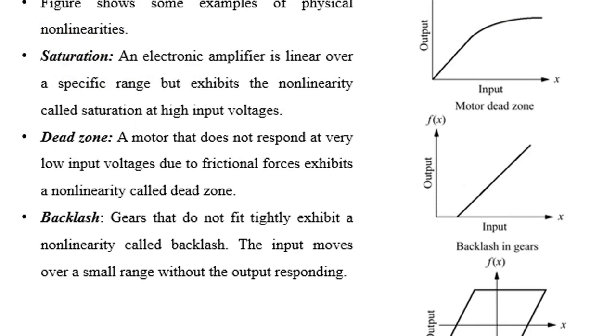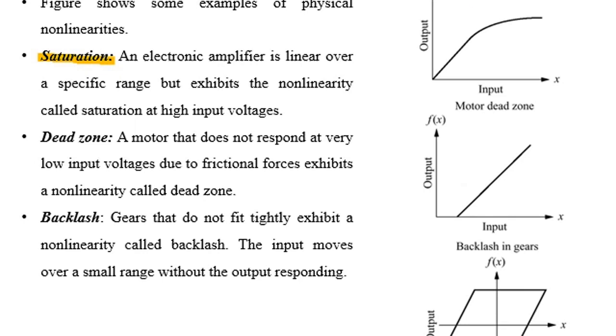Dear students, now we will study some physical nonlinearities. In this we will study saturation, dead zone, and backlash. These physical nonlinearities are also represented in the figure. First one we have is saturation. Saturation mostly occurs in amplifiers.